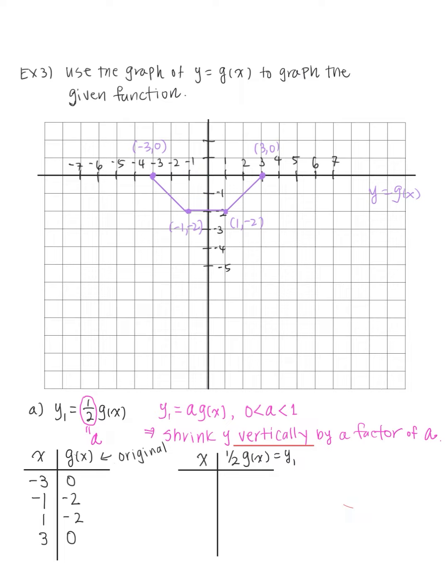Versus, suppose we have to shrink y horizontally, then the x value is going to change and the y values are going to stay the same. Let me write that out. So here, our x values are going to stay the same, and only the y values are going to make some changes.